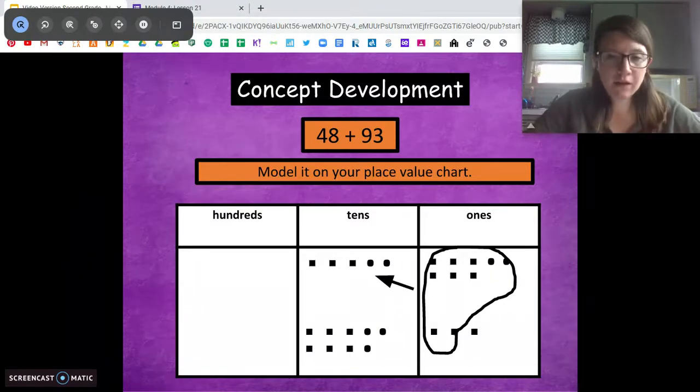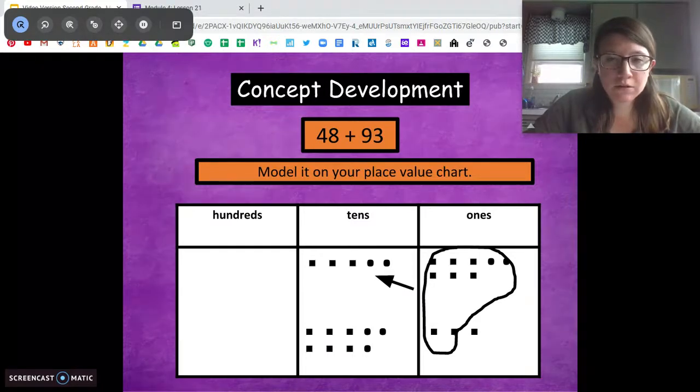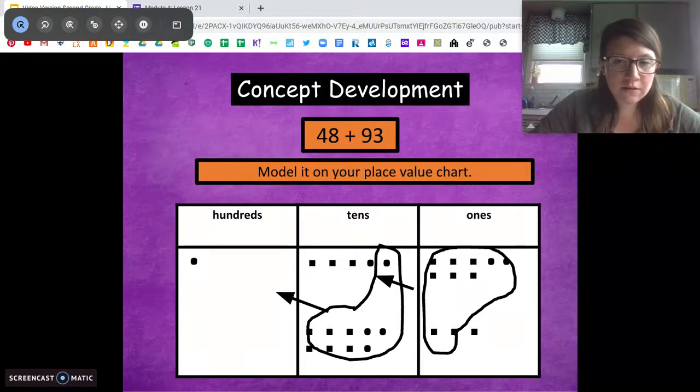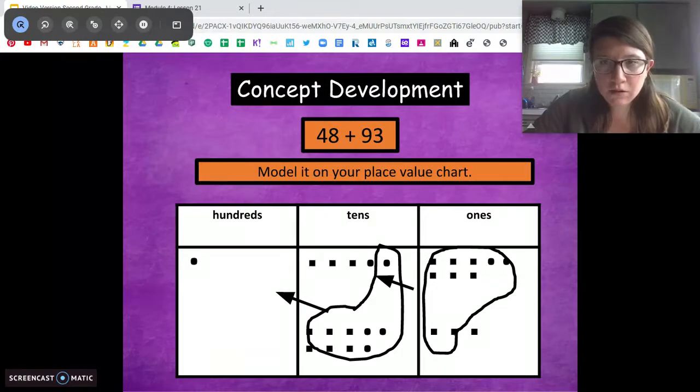Good? Okay, now I see way more than 10 tens. So I'm going to circle a group of 10, draw an arrow, move them over. Okay, so it looks like I have 100, 4 tens is 40, 141. Is that what you got?